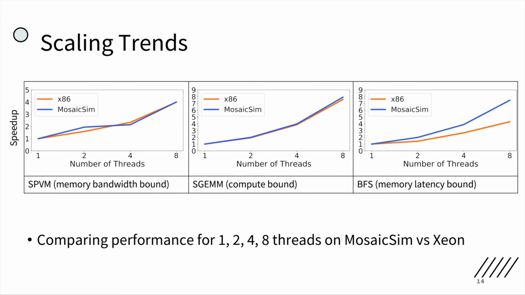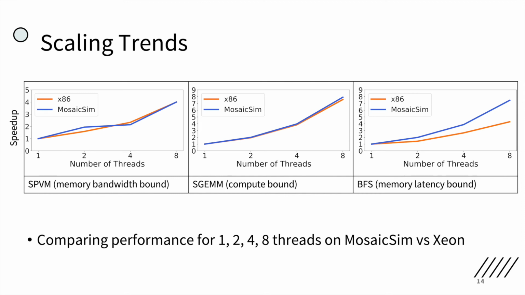Next, we compare scaling trends. To evaluate how well MosaicSim captures the scaling trends, we compare the speedups from increasing thread and core counts in MosaicSim to those on Intel Xeon Core. We focus on memory-bound applications, compute-bound applications, and memory latency-bound applications here.